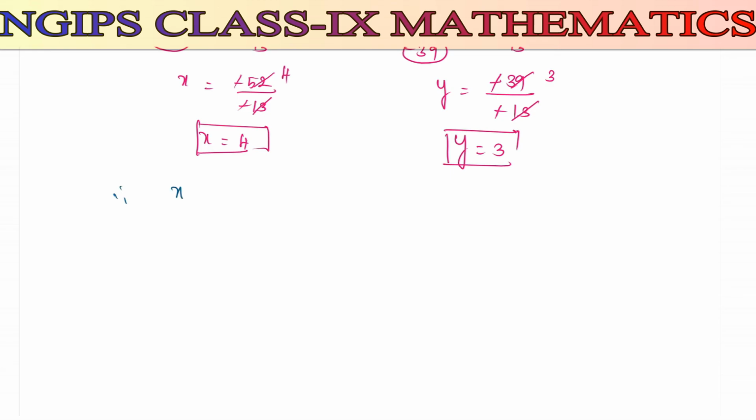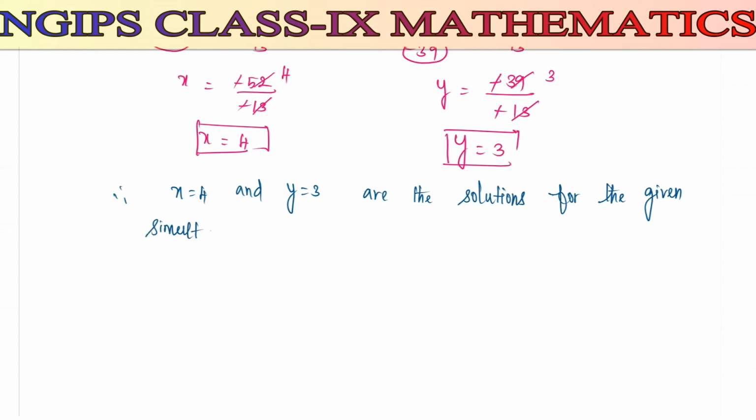Therefore x is equal to 4 and y is equal to 3 are the solutions for the given simultaneous linear equation.